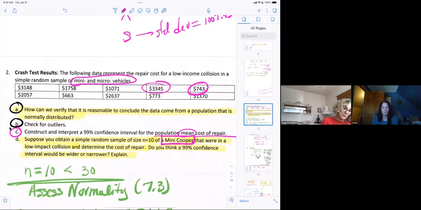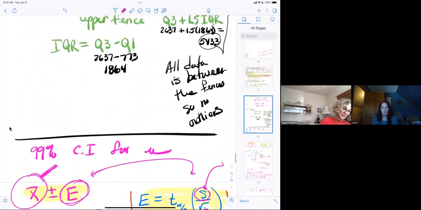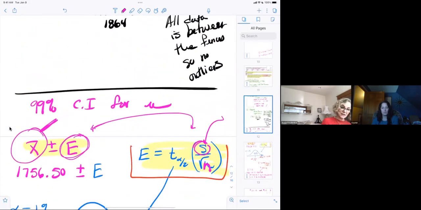If I just took Mini Coopers, the variability is going to be smaller among that particular type of car versus a bunch of different cars. So if that's going to be smaller, then two things will change: the standard deviation will be smaller and the sample mean will also be smaller. So if those are smaller, then my interval will be more narrow.